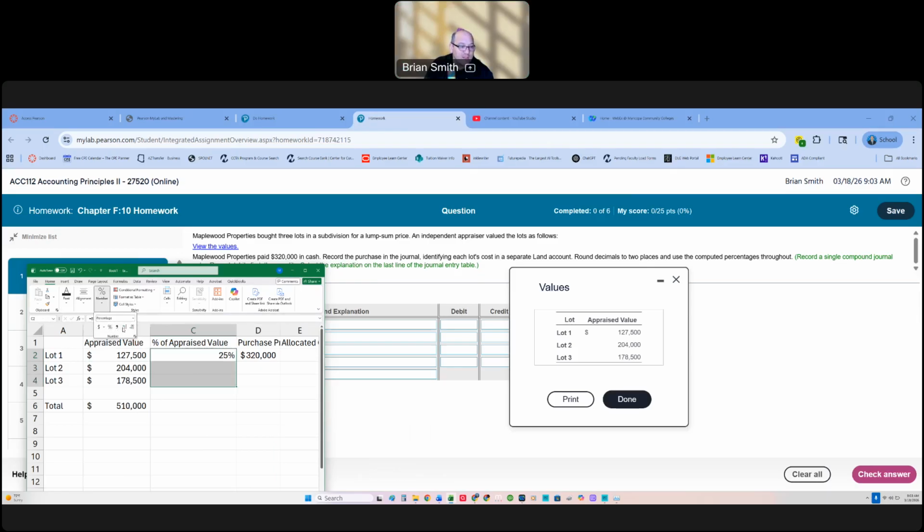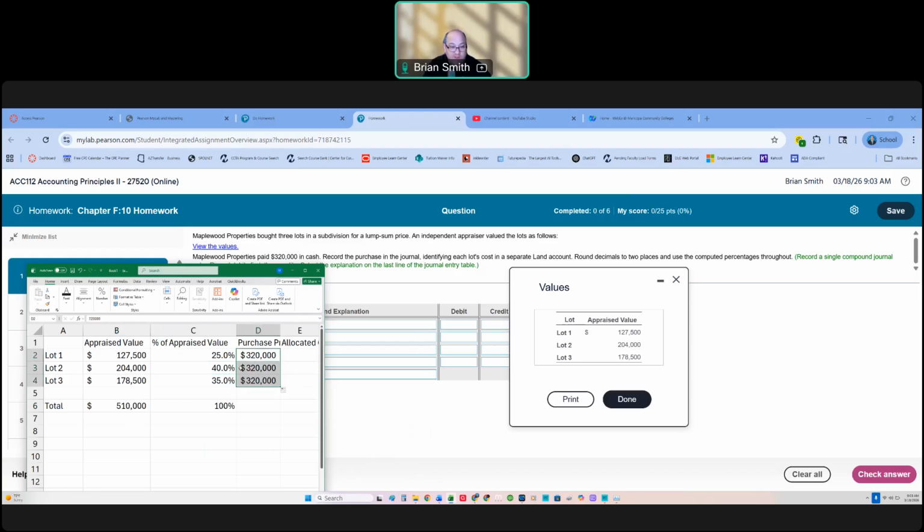It wants to be a percentage, not a date. I must have used this sheet for something else, and I didn't unformat it. Okay, so there we go. Lot 1 was 25% of the total appraised value. Lot 2 is 40%, and lot 3 was 35%.